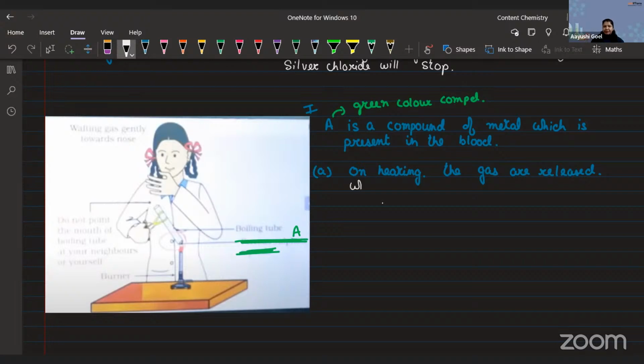Can you tell me? Yes, students, in the chat box. So it is a decomposition reaction. And when you are decomposing in the presence of heat, it is a thermal decomposition reaction.